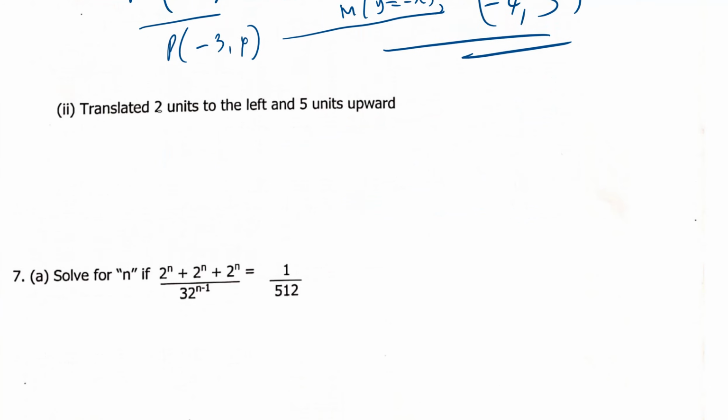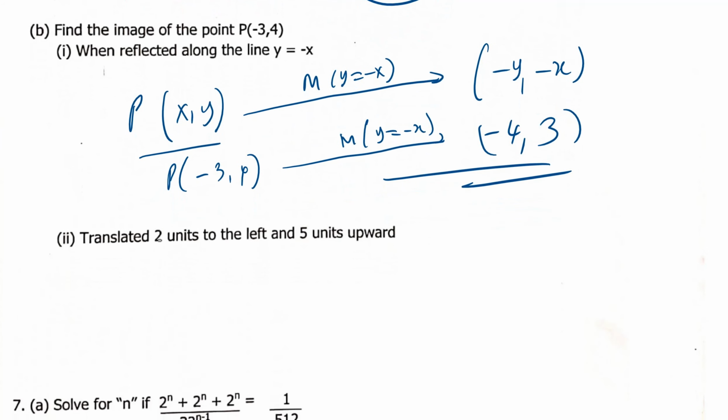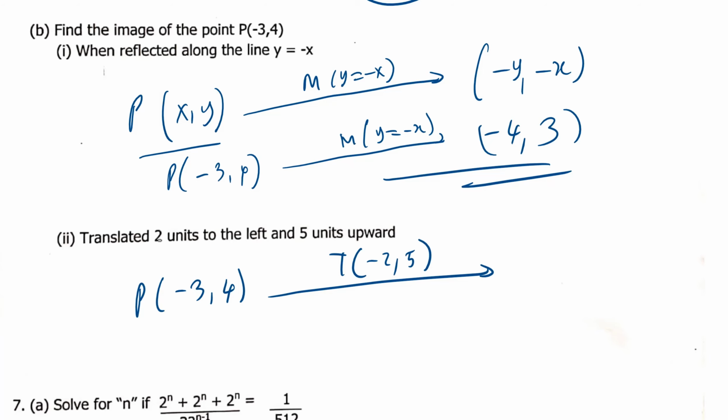And the translation: 2 units to the left and 5 units upward. So now we have point P (negative 3, 4) and the translation vector, which is (negative 2, 5).